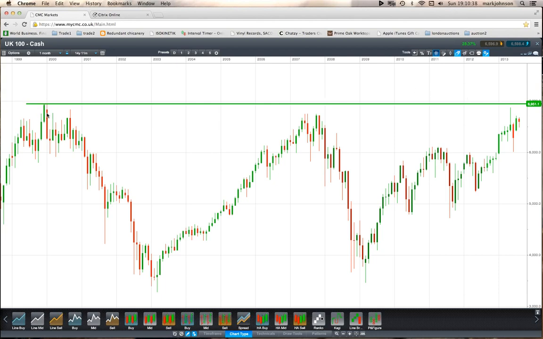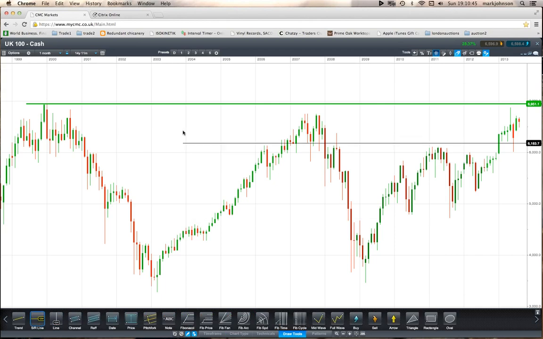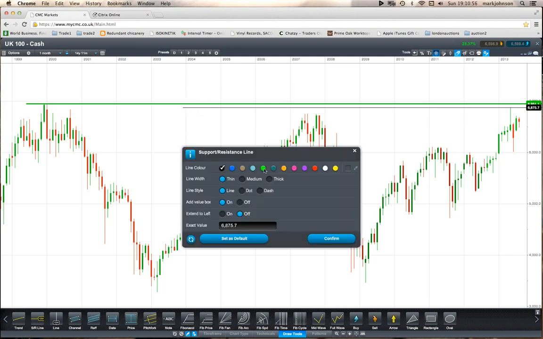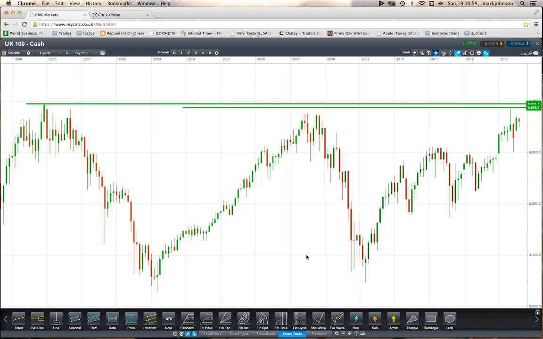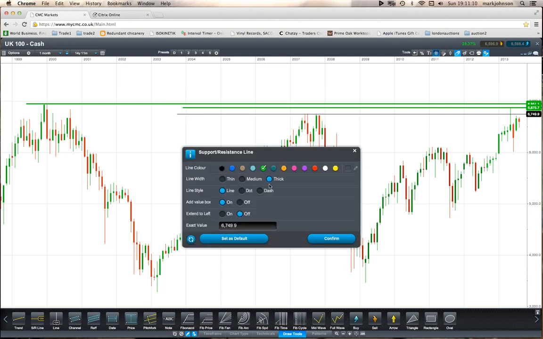So we have the 1999 high, the high that we reached last in 2013, which is this one here. That one I will also make a thick green. And the 2007 high, there's 3 highs together there, and that I make thick green.